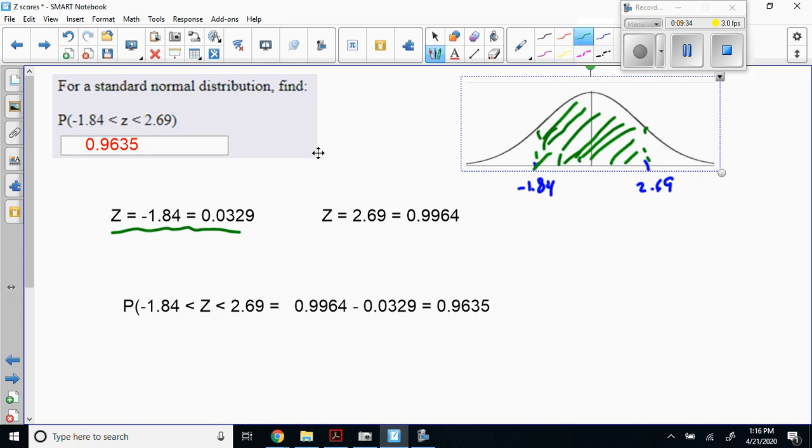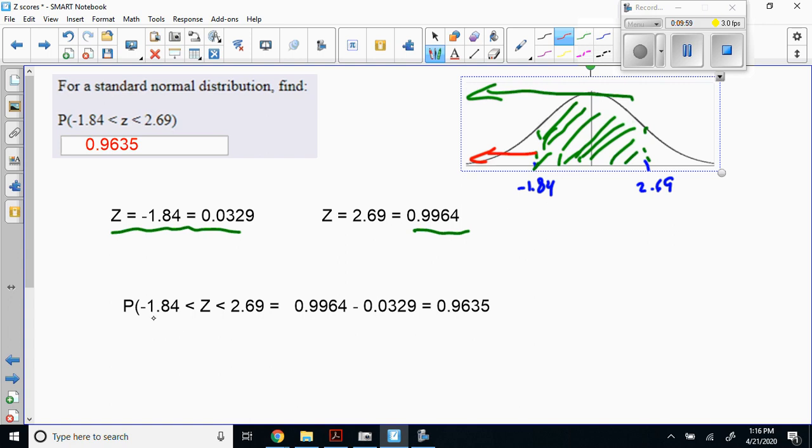And since I'm trying to find between it, you see how I have drawn this. This 0.9964, the 2.69, is looking that way, right? And the negative 1.84 is looking that way.